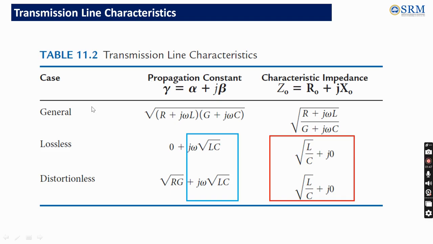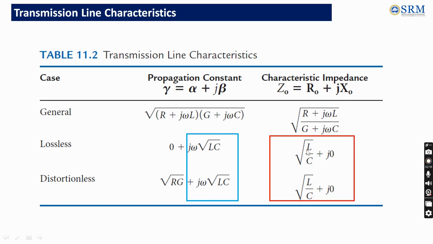Here we are summarizing all three cases. First, the general case, that is the lossy transmission line, for which the propagation constant and characteristic impedance are mentioned. If you compare lossless and distortionless in terms of propagation constant, the attenuation is 0 in lossless since RG is equal to 0. But in distortionless, we get the factor root of RG, and the phase constant is the same, omega root LC.